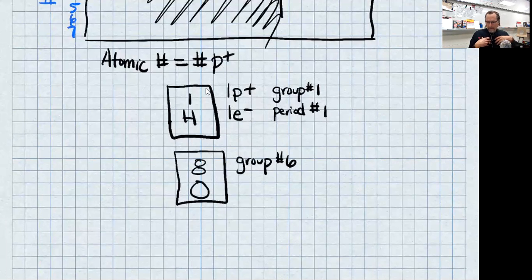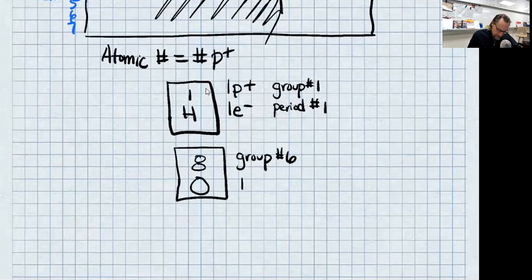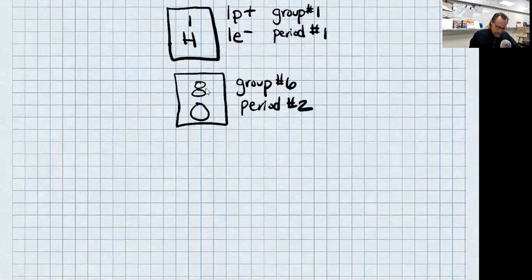And so for us, it's group 6. Just know that on the test, on any assessments that we're doing, I will accept both answers. I will accept 6 or 16. It's the same group, so it's fine if you put it either way. And then it's in the second row, so its period number is 2.